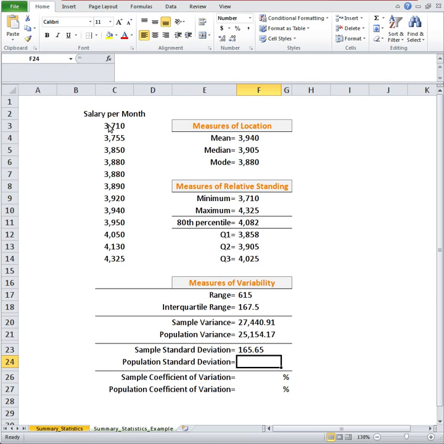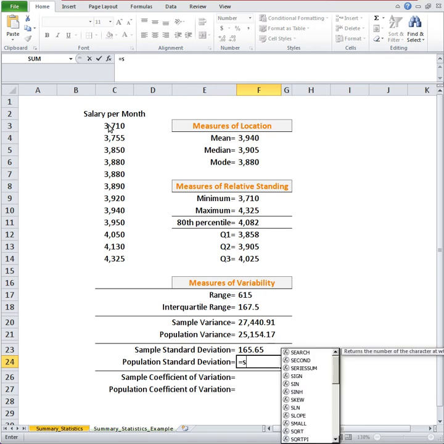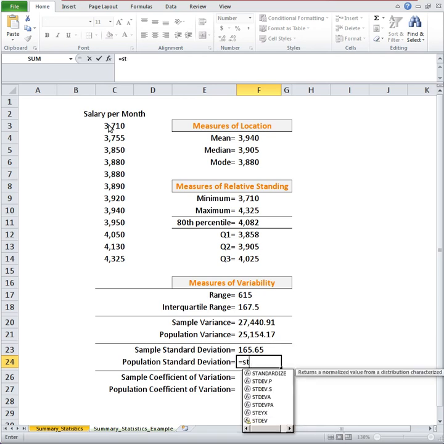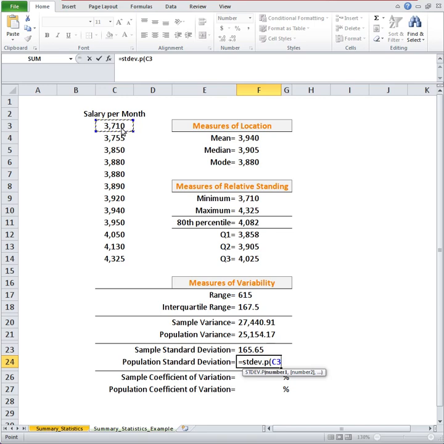Now we're going to get the same but for the population, so we are going to get the standard deviation for the population. So STDEV.P for population. We highlight the information that we want, so C3 to C14, and then we hit enter. So that's going to give us the number that we're looking for.